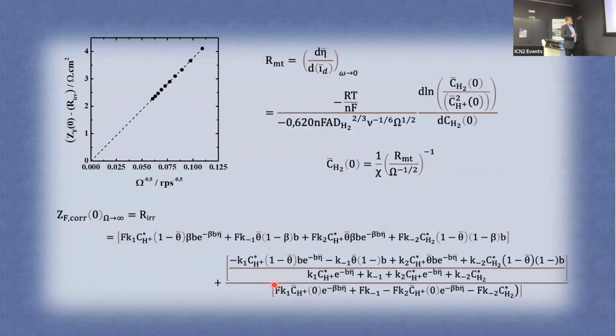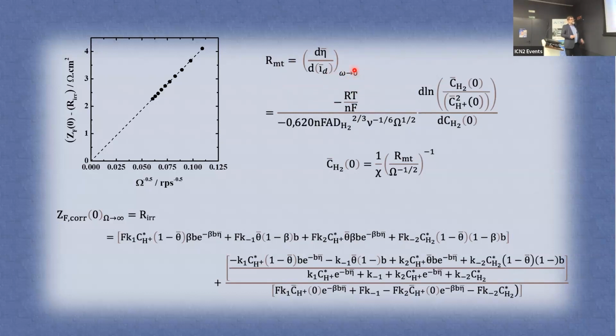In this case, we have proposed this method because we have separated the mass transfer impedance from the other impedances in those diagrams. So we have considered just the mass transfer impedance at frequency zero, that is, in the frequency domain, where frequency tends to zero.